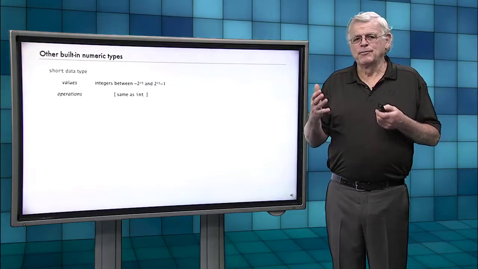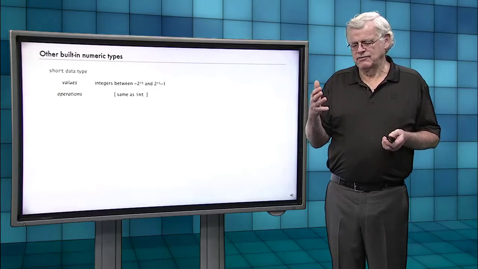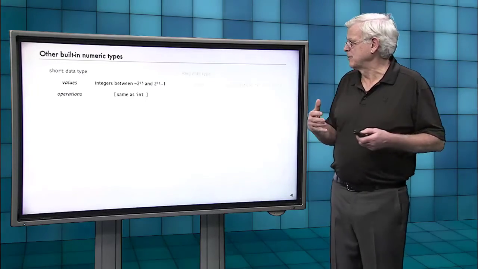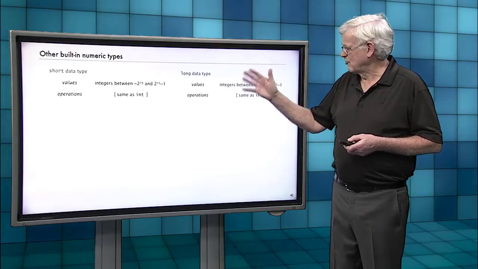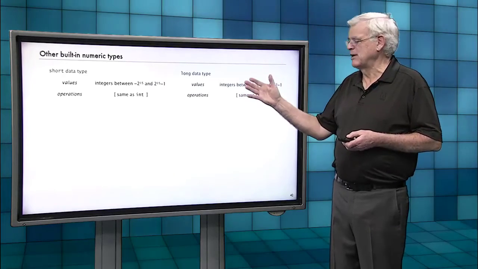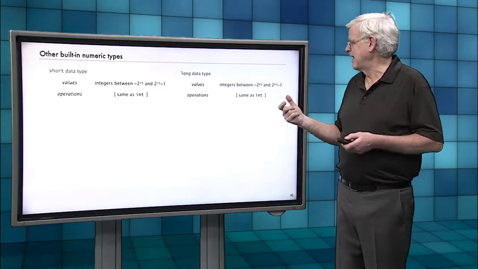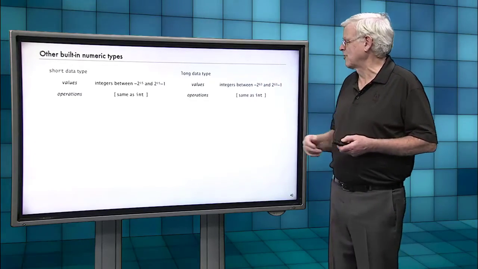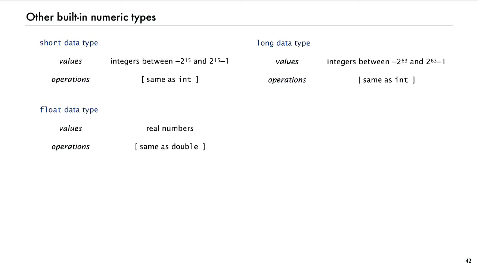There are other built-in types for representing numbers in Java that we don't use too much, but sometimes. There's one called short, which is same operations as int, but smaller set of values. And another one called long, which is same operations, but a much larger set of values. And there's one called float that is like double, but it's less precise.